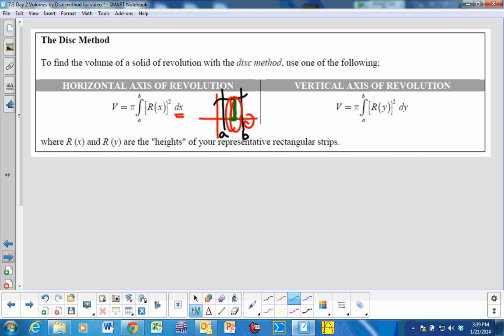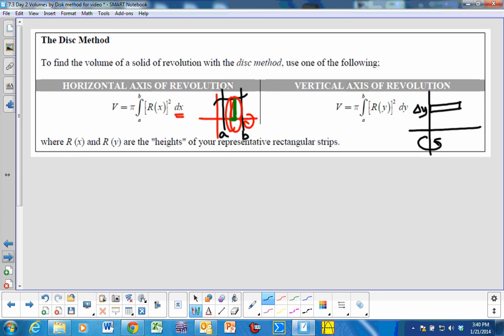And then it would be similar to go around the y-axis. On the y-axis, you would have your rectangle going this way, with delta y for your width, and you would be revolving around the y-axis. It would be the same kind of thing.